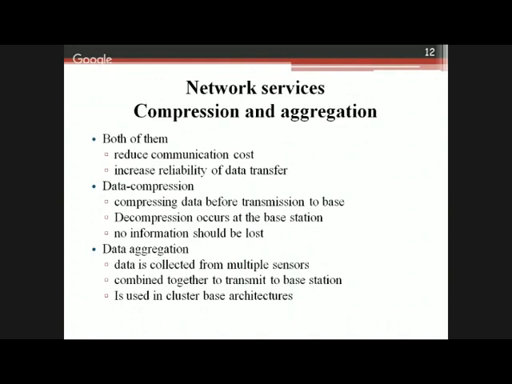When I use the word data compression, that means we consider one node as a sink node, and all the sensor nodes transmit their data to that one sink node. We are aggregating that data at one sink node, because it might be possible that the data gathered by the sensor nodes is redundant in nature. You are gathering the same data again and again.